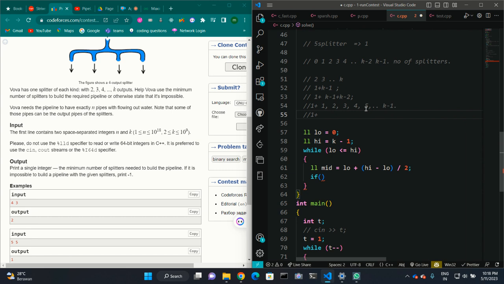So how do I get the sum of the last mid numbers? First total sum. Total sum means sum of this. In total there are k minus 1 terms, but we don't want the first k minus 1 minus mid terms. This will give the first k minus 1 minus mid terms.